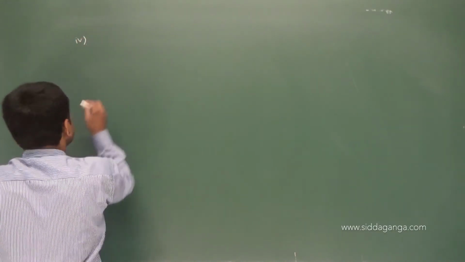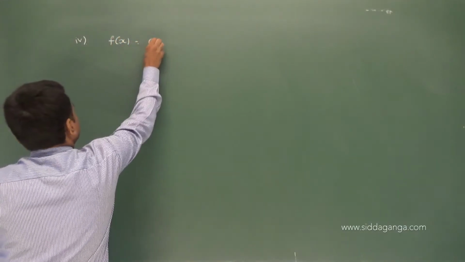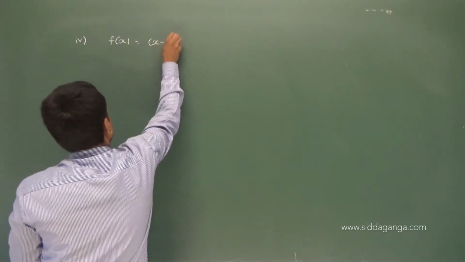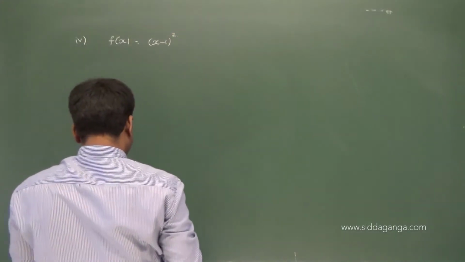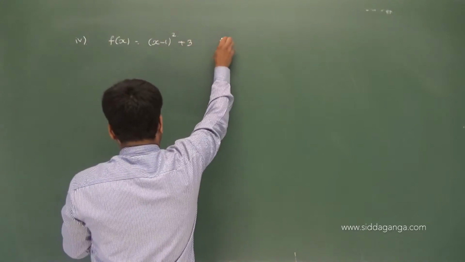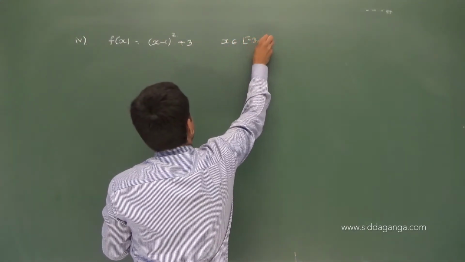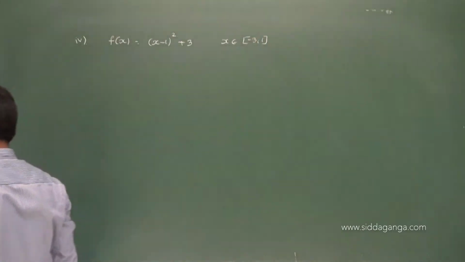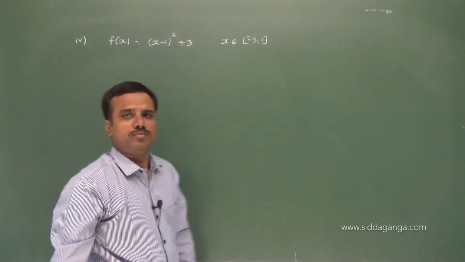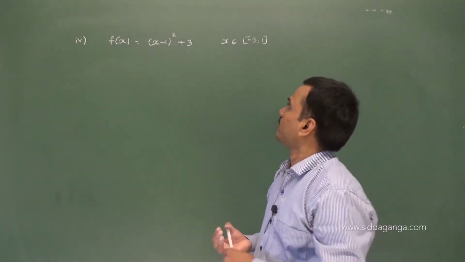Fourth problem: f of x is equal to x minus 1 whole square plus 3, x belongs to minus 3 comma 1, closed interval.